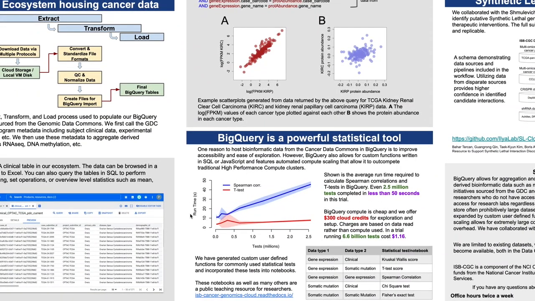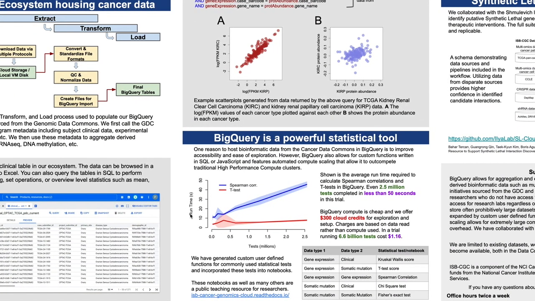It's also possible to leverage BigQuery's considerable scalable computational power. The monetization model chosen by Google allows for data processing that is currently not feasible on a more traditional institutional high-performance compute cluster. In trials, we were able to calculate millions of statistical tests in minutes, and we were also able to calculate billions of correlations for the total cost of only about $1.